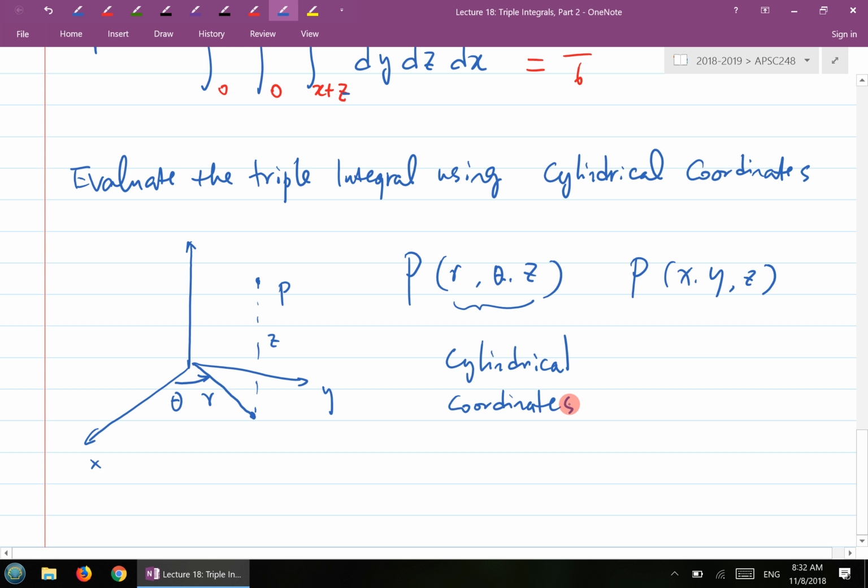So if x, y, z has an x-axis, y-axis, and z-axis, then for cylindrical coordinates, very similarly, you also have three axes. You have one axis going up, that's your z-axis, because you have a z component here.